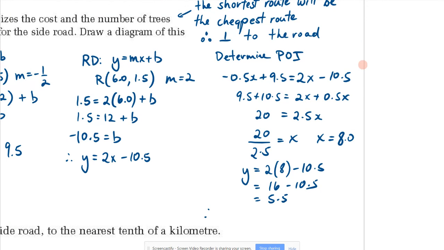And so therefore, the point of intersection is 8 and 5.5. And that's point D. Let me write it properly. So I'm going to say here point D. I will use 8.0 and 5.5. Okay, good.